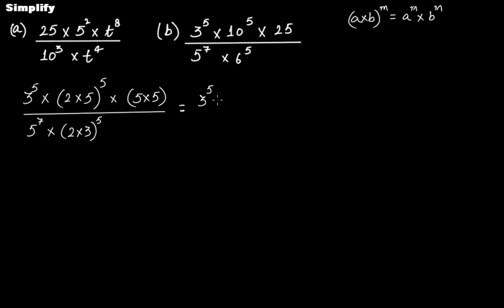So this becomes 2 to the 5th power times 5 to the 5th power. 5 times 5 means 5 to the 2nd power. This is 5 to the 7th power, and this is again the same way as we have done for this one. 2 to the 5th power times 3 to the 5th power.